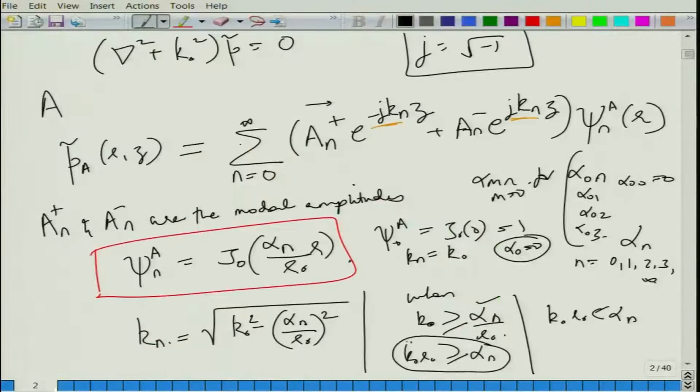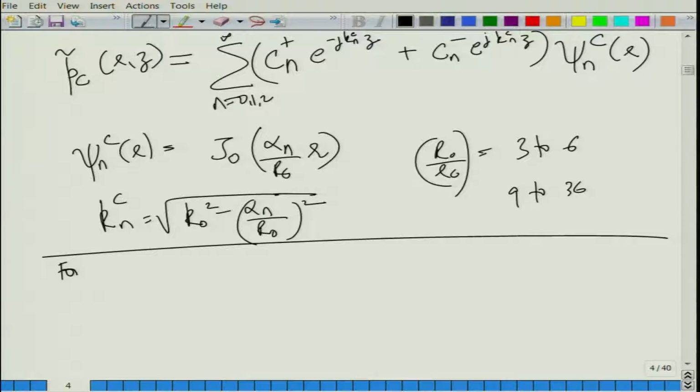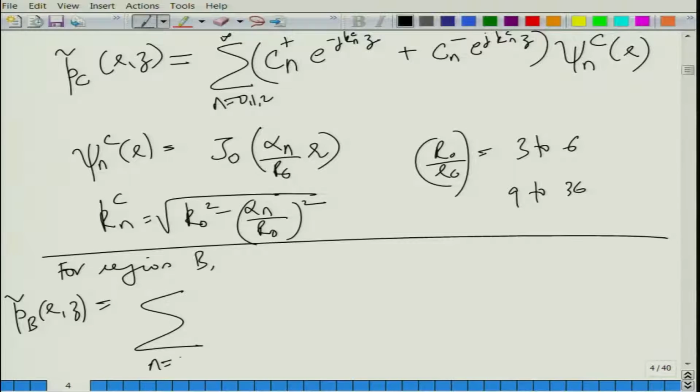This particular form will remain the same. So, for region B and D, for region say B, we have P R Z, so this will be the same.